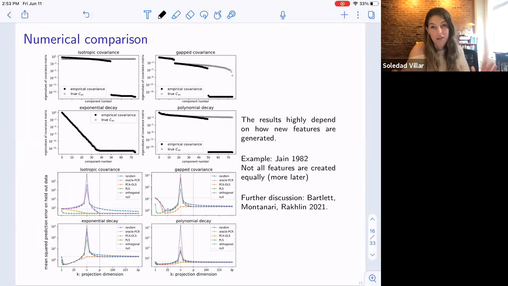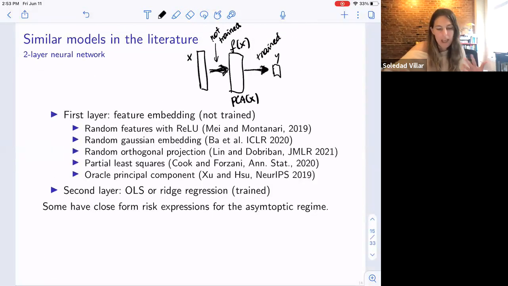Maybe this kind of answers your question. If you look at the performance of all these methods that have been proposed as a proxy for the analysis one would wish to do on a multiple-layer neural network, but that's much harder, you say, okay, I'm going to use a random feature layer first and then analyze regression with the random features.